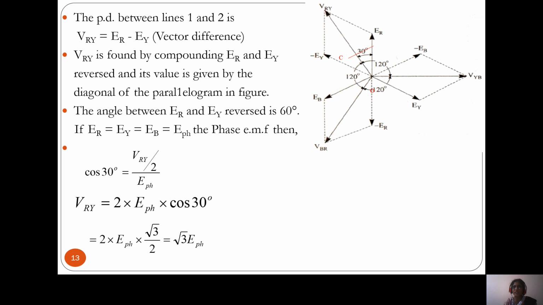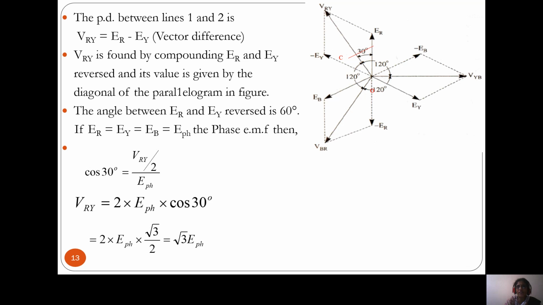From VRY to VYB it is 120 degrees, from VYB to VBR it is 120 degrees, and from VBR to VRY it is 120 degrees phase difference. These are the line voltages.